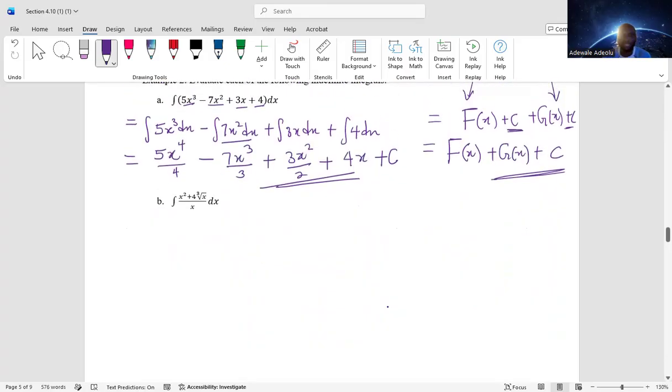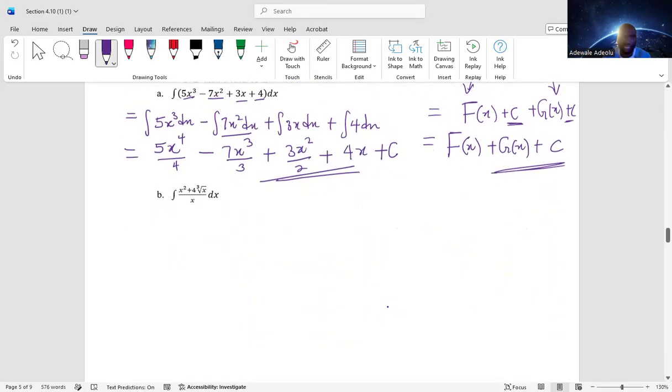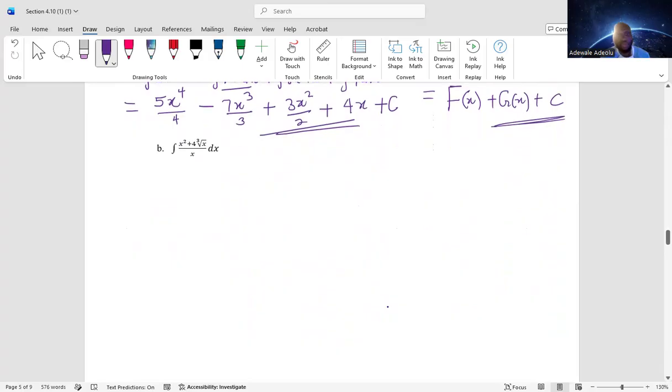Okay, we look at that. Let us look at another example. What we have here looks complex, but we can start by simplifying. We say x squared over x plus 4 times the cube root of x over x, dx.